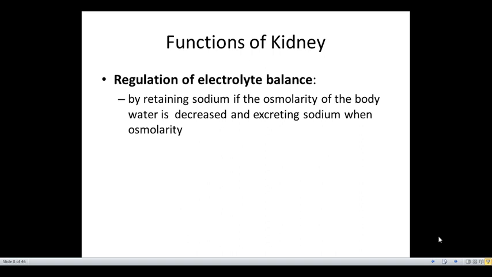It causes regulation of electrolyte balance by retaining sodium if the osmolarity of the body water is decreased and excreting sodium when osmolarity is increased.